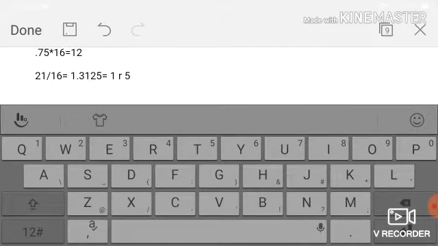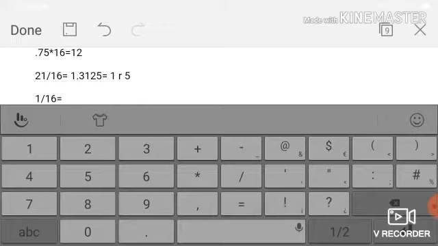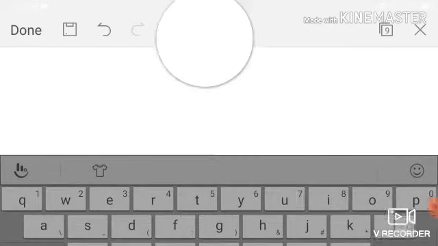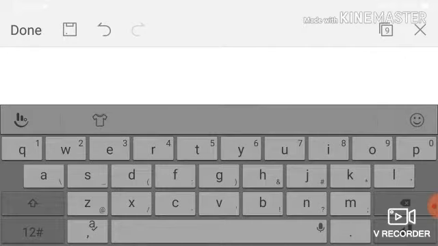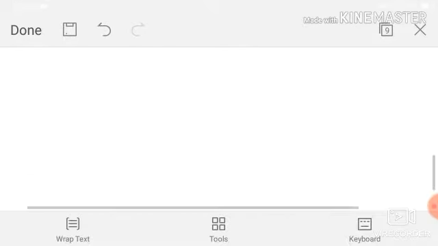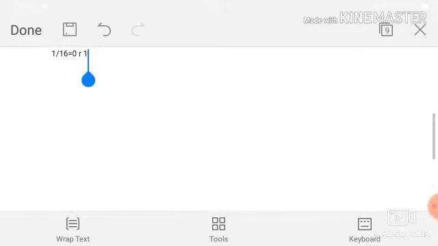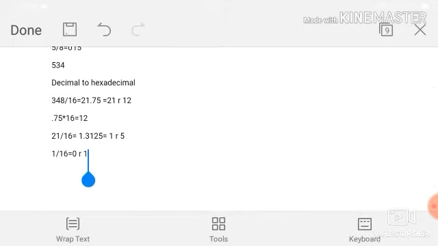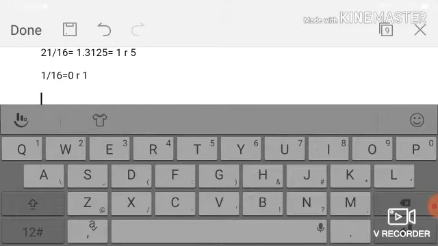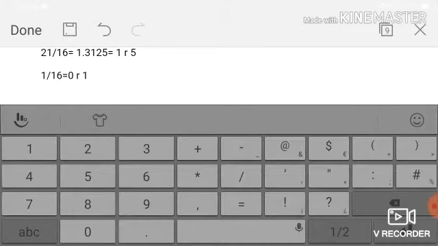And 1 divided by 16, so this will be 0, and then remainder 1. So we're going to read it upward. So the answer will be 1, 5, 12.